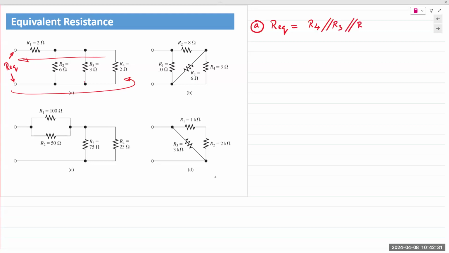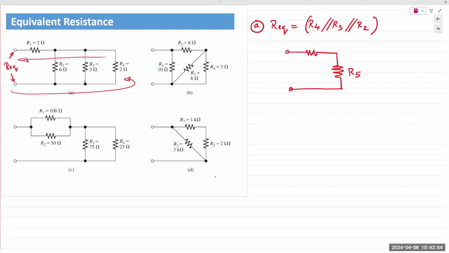In parallel with R2. So as we move towards the front, I can see all three of them are in parallel. And then once all three of them are in parallel, I can electrically and mathematically reduce them down to one single resistance.